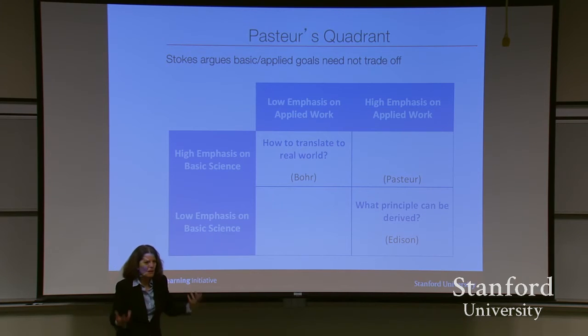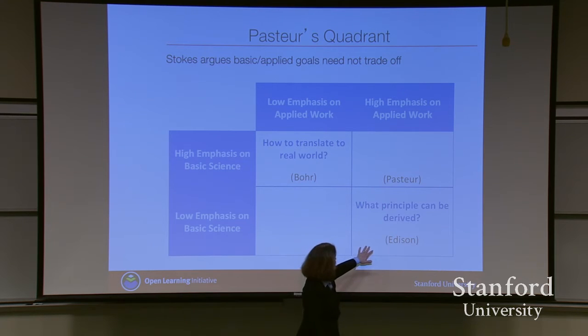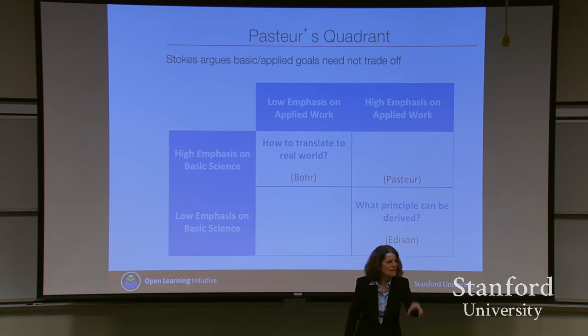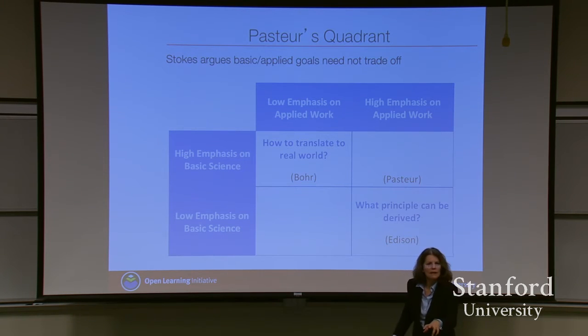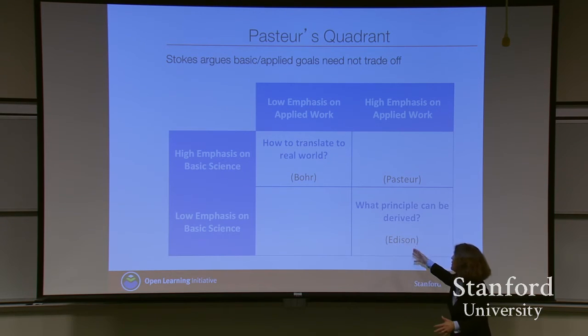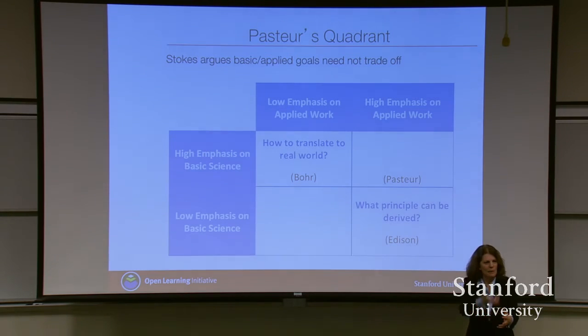You're developing and understanding fundamental principles, but how you translate or use those in the real world isn't a focus. Or you could be working in Edison's quadrant, which is really applied. How do I solve this problem, with very little focus on what fundamental principles we are developing. The problem there is, how do you solve this problem, but how do you get some meta understanding that would help you solve the next problem?